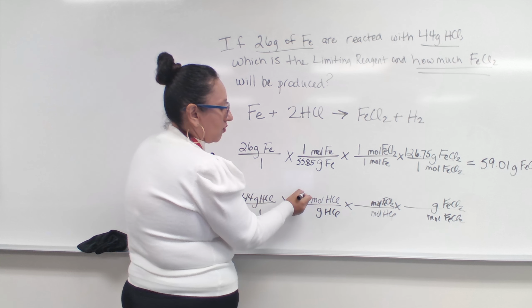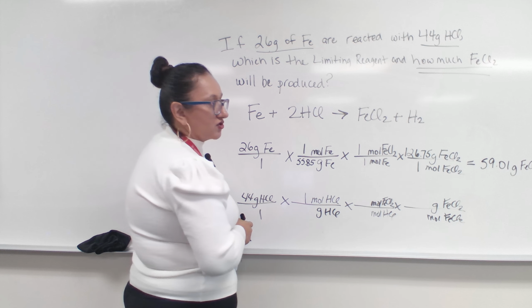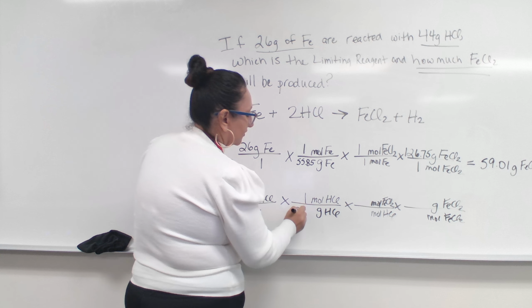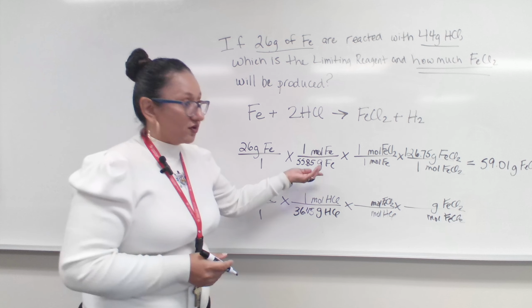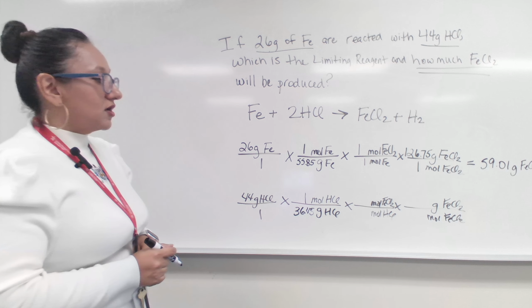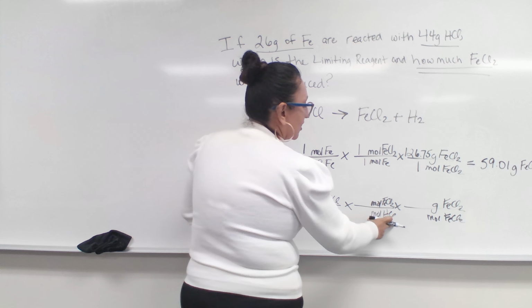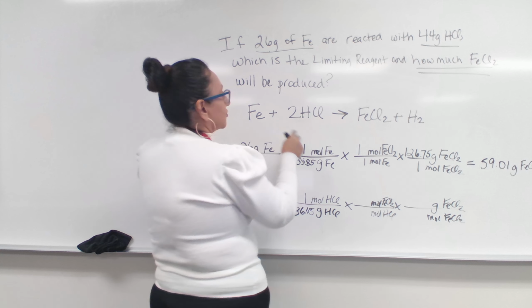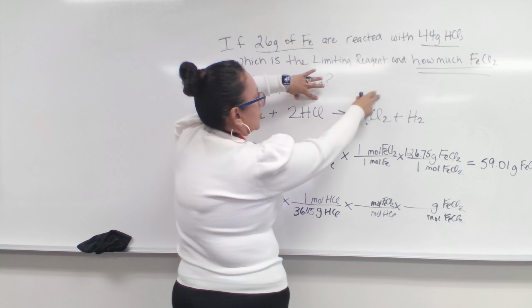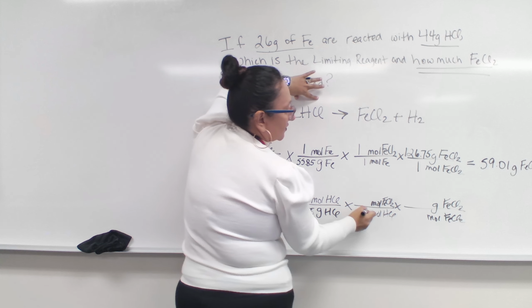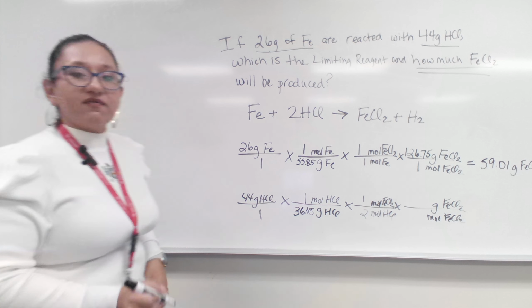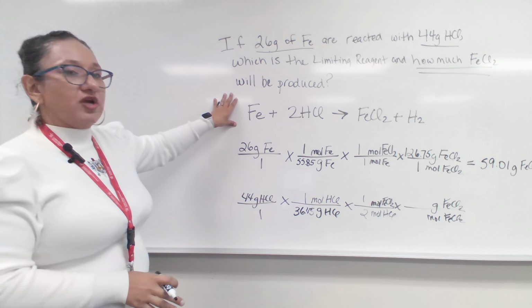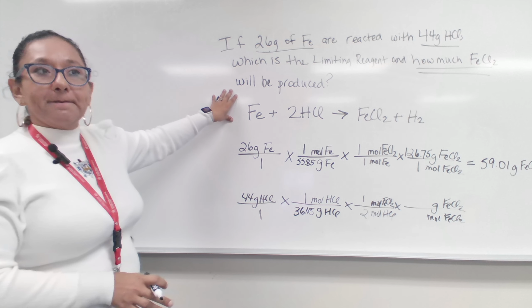All right. 1 mole of hydrochloric acid equals 36.45 grams. That's its molar mass. How many grams per mole? All right. Moles of HCl and FeCl2. 2 moles of HCl is equal to 1 mole of FeCl2, straight from the balanced formula.